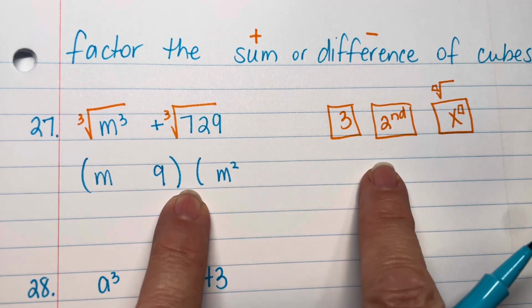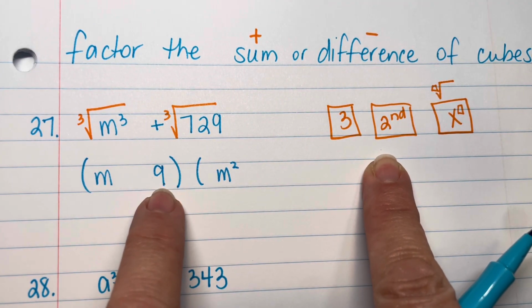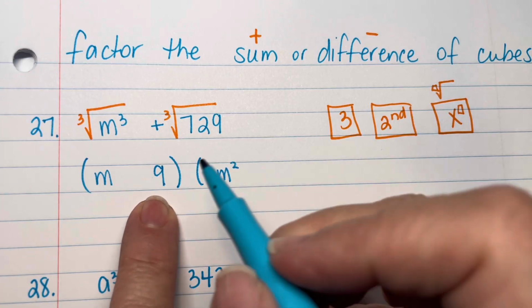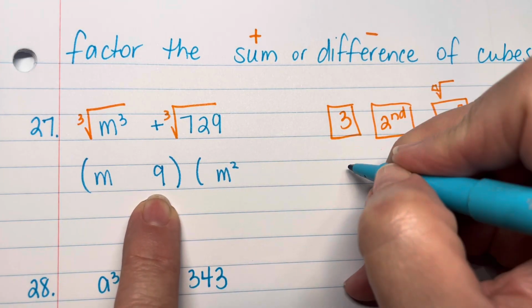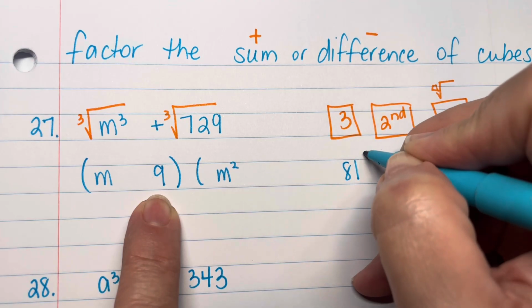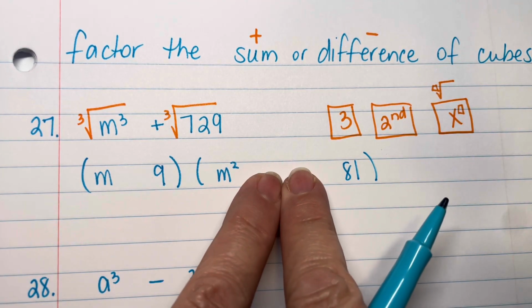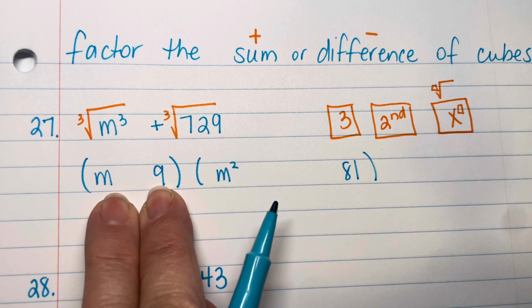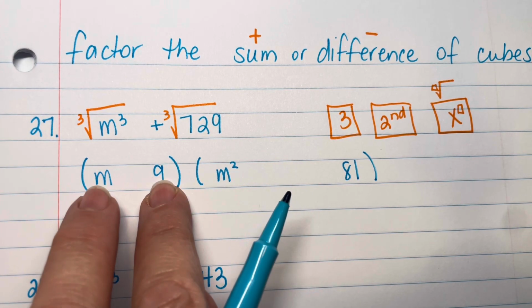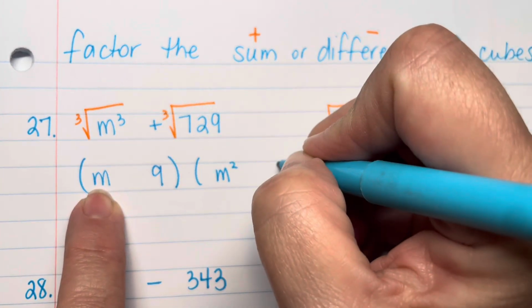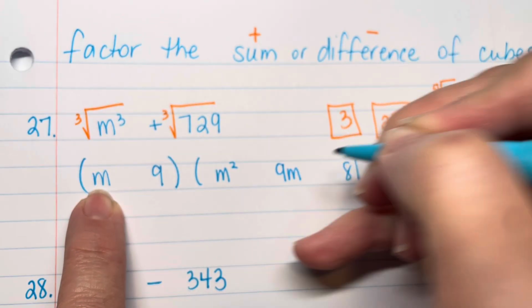This one's going to have 3 parts. So I jump to this third part, and I take the 9 and square it. 9 to the second power is 9 times 9, which is 81. To get the middle, multiply 9 times m.